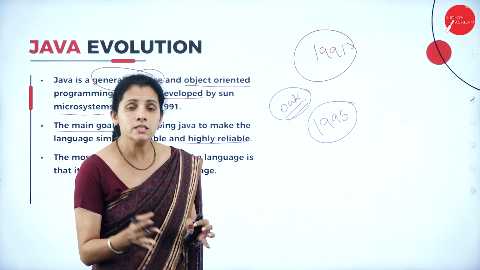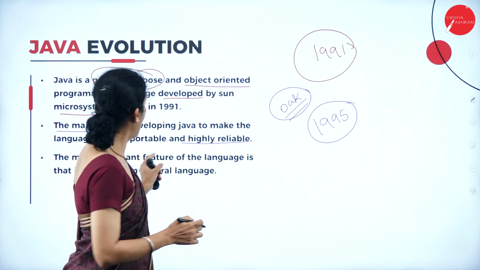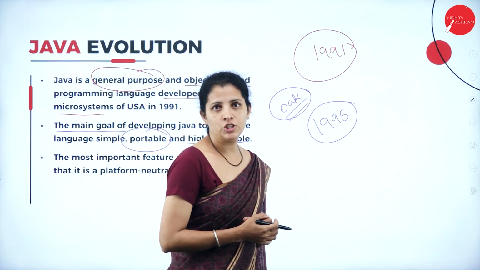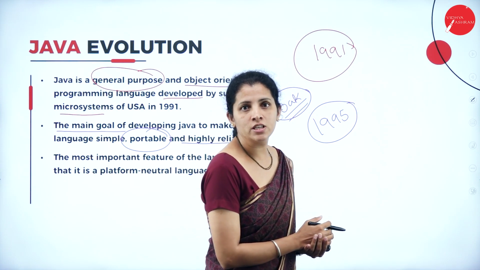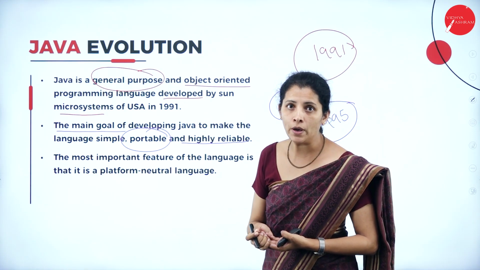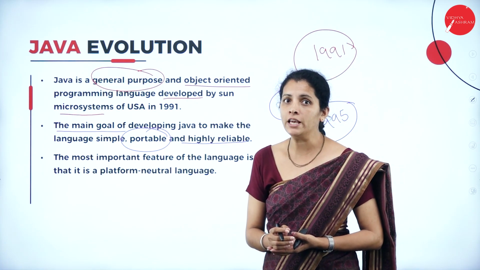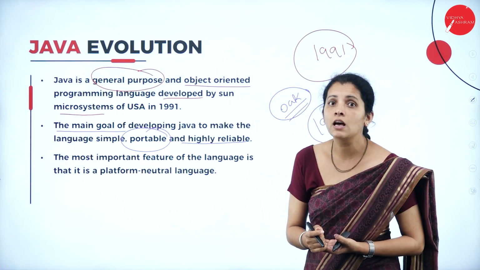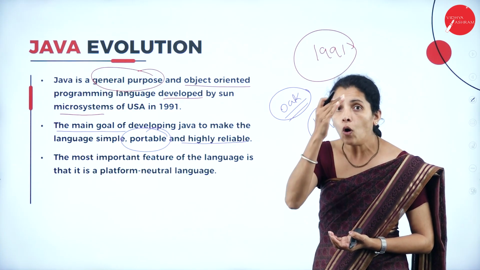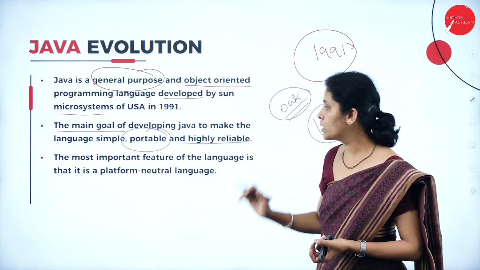So here Java is mainly introduced to develop simple and portable as well as reliable applications. Then what kind of applications can I develop by using the Java programming language? That is nothing but standalone applications, Windows applications, mobile applications, as well as enterprise applications. To develop all these kinds of applications, I'm going to use the Java program.